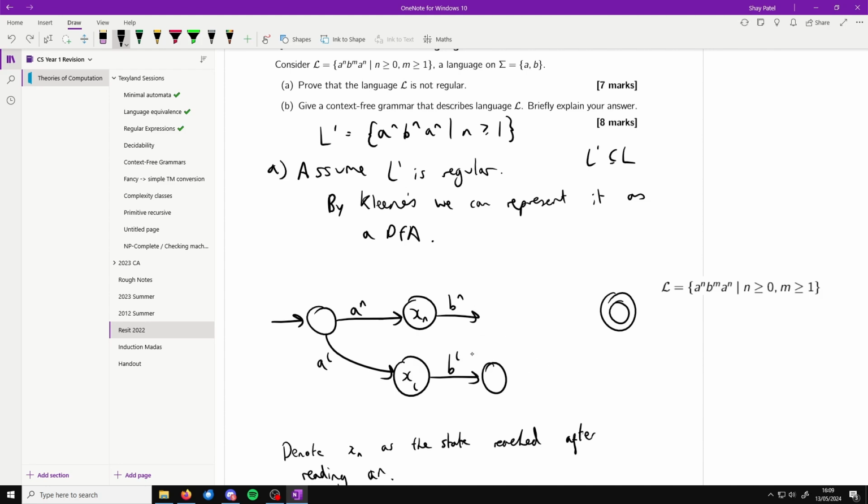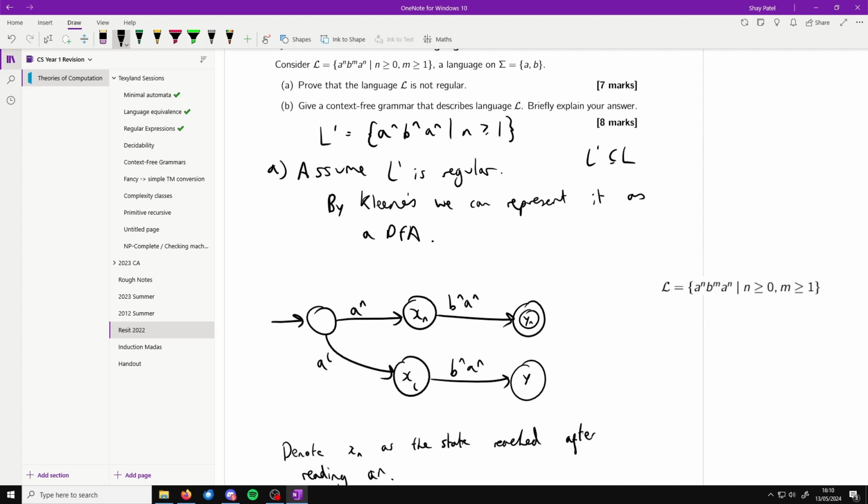I guess that works, but you can do it all in one, really. So basically we're just saying that xn will only accept b to the power of n a to the power of n, and xL will only accept b to the power of L a to the power of L, where L is not equal to n.